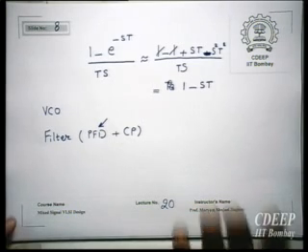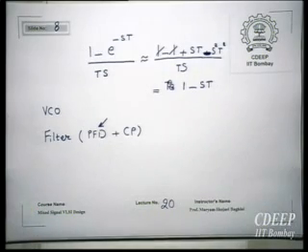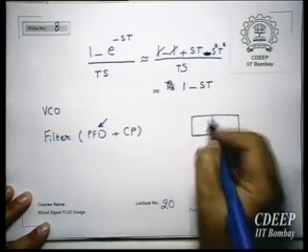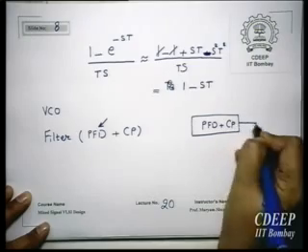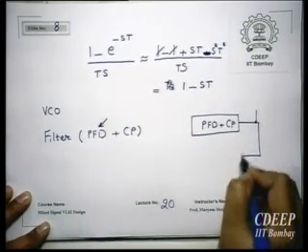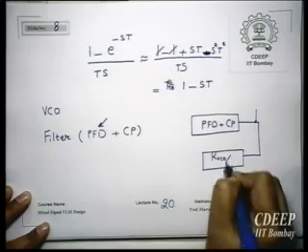So see, you have a loop, right? And suppose you have a divider in the loop also. Then this will be completely this phase frequency detector and charge pump. Then this is the VCO.